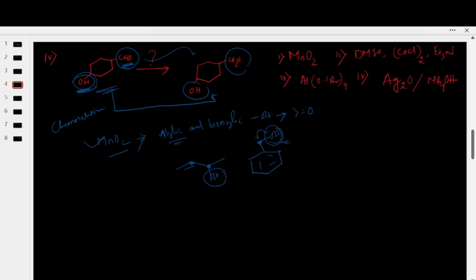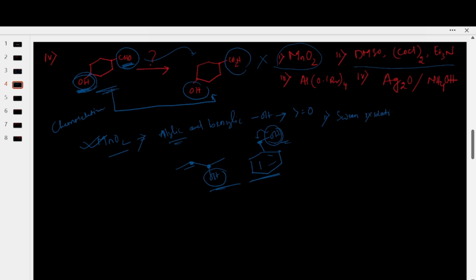So manganese dioxide has more specificity towards these two substrates. But here the OH is simply attached to an sp3 carbon, not an allylic position, not a benzylic position. So option 1 is eliminated. So now the second option. In the second option there is a combination of three reagents, and that combination is known as Swern oxidation.